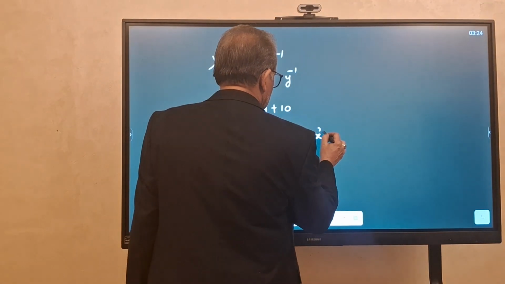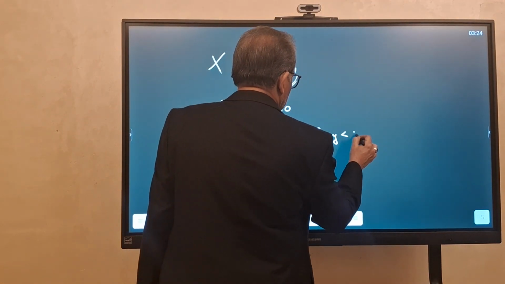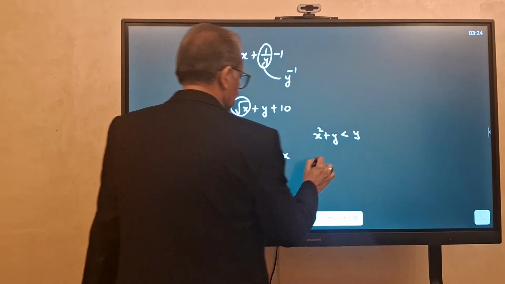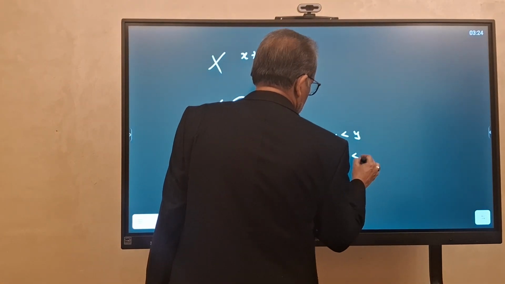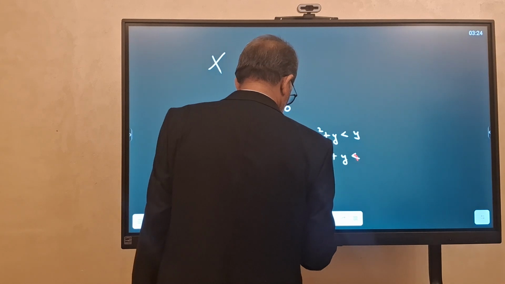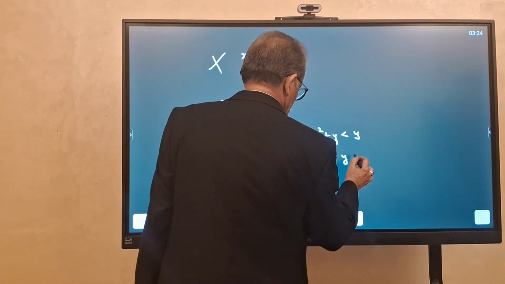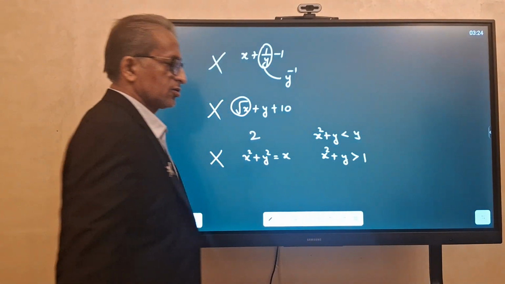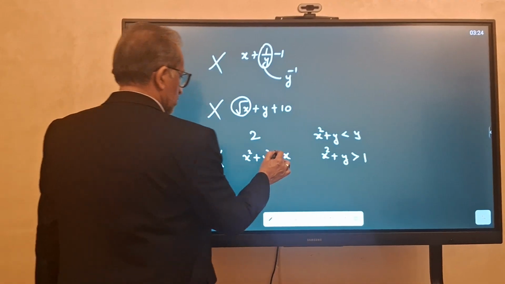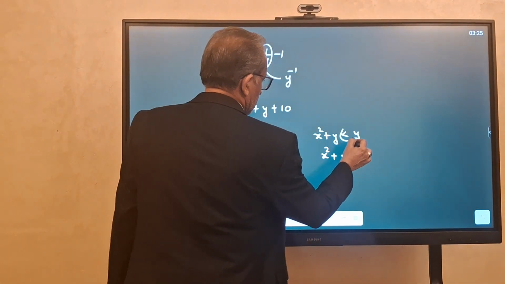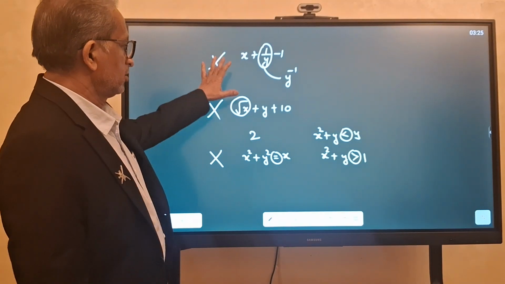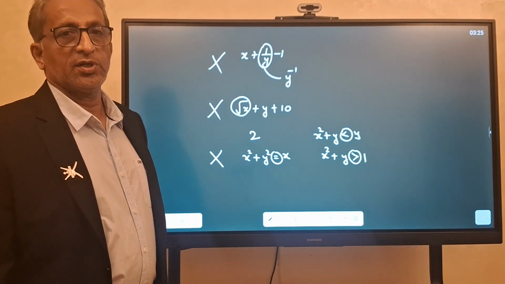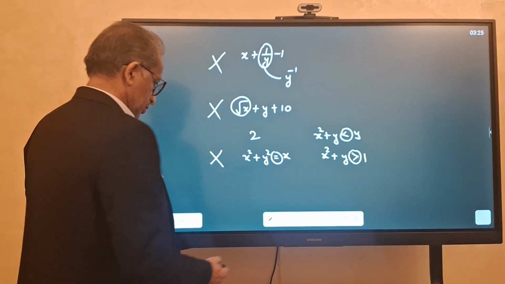This is not a polynomial. This is also not a polynomial because we are using the equality sign, less than sign and greater than sign. So these are examples of non-polynomials.